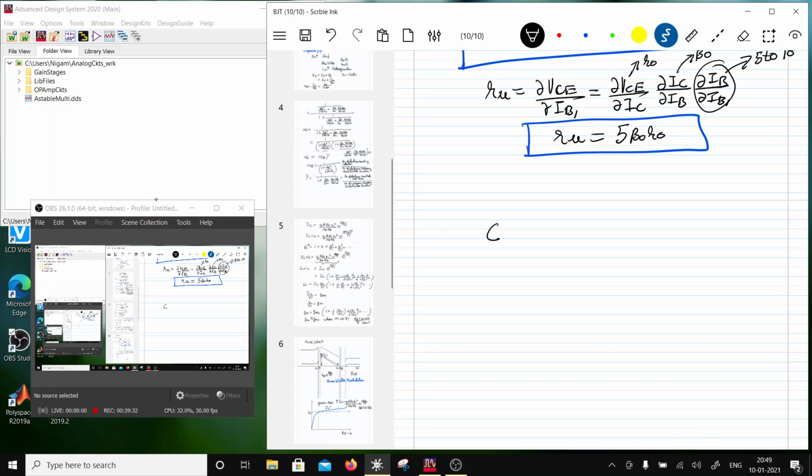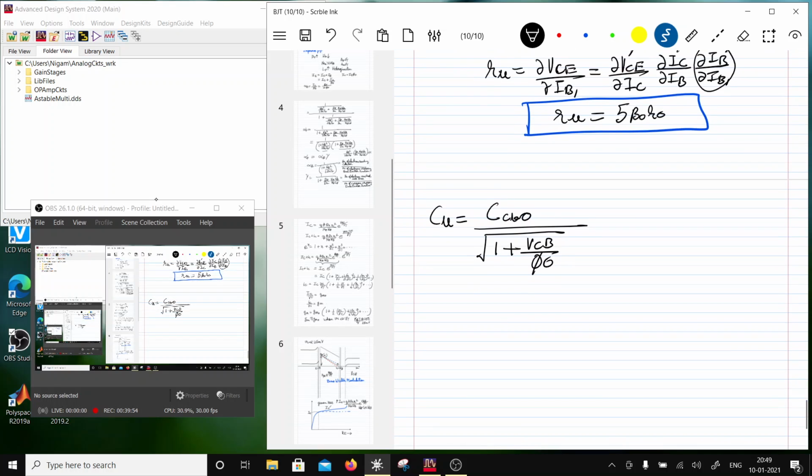C mu will be equal to the junction capacitance of the collector with the base, right? Collector base junction capacitance. So that will be collector base junction capacitance 0 divided by square root of 1 plus VCB divided by xi 0, right, times the area.